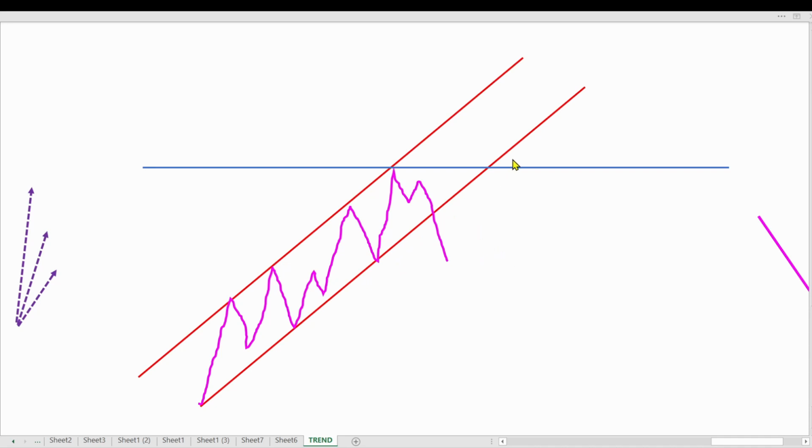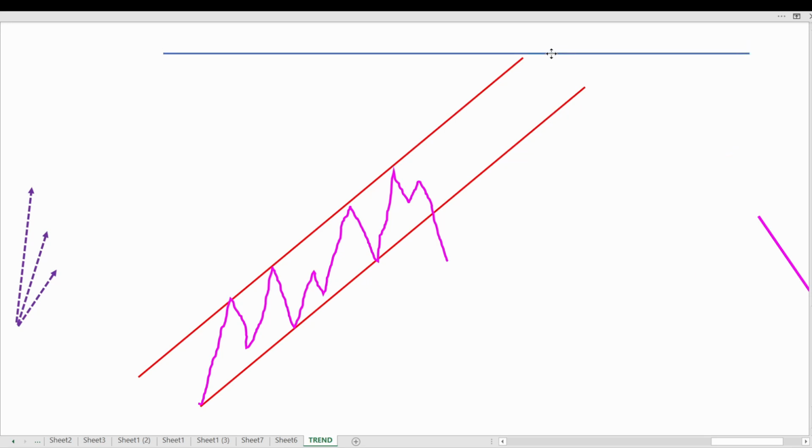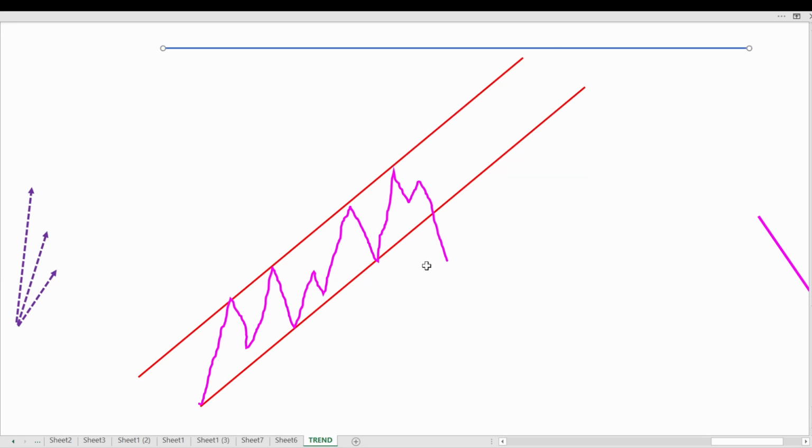So the next thing you want to look for is a break in the channel, like here. You want to check that the price action actually breaks through the channel and closes outside the channel.